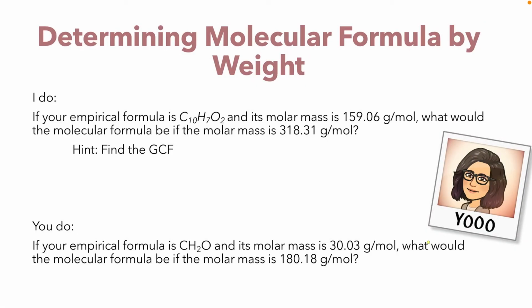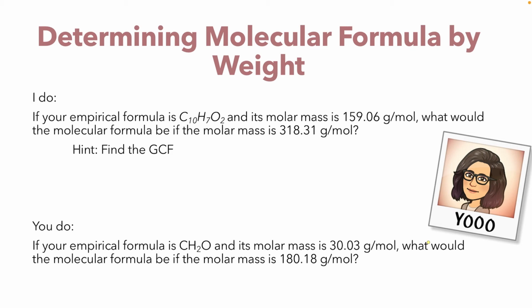All right, so now let's go the other way, determining the molecular formula by weight. If we're given an empirical formula, an empirical mass, and a molecular mass, we can find the molecular formula by finding the greatest common factor of those two masses we're given. So underline what we're given, circle what we're looking for.